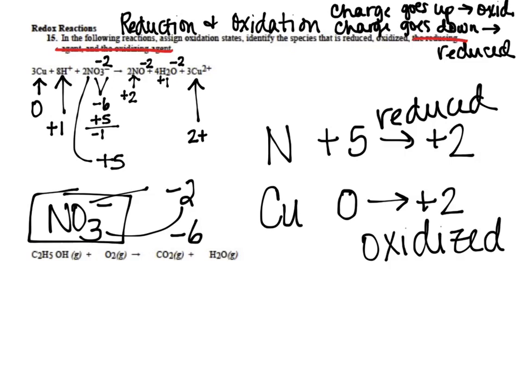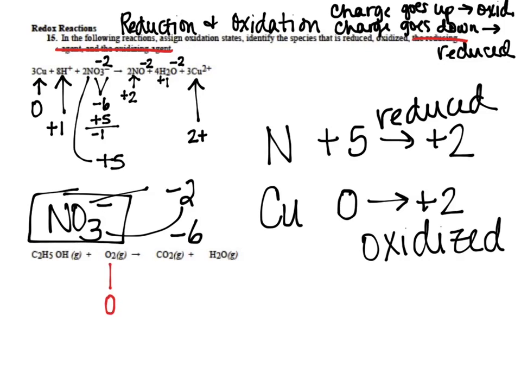So first of all, the first thing I do is I assign my free elements. O2 is a free element, so it has an oxidation number of 0. And oxygen is usually always going to be -2, so I always start with oxygen.